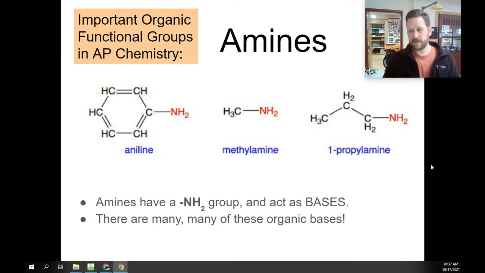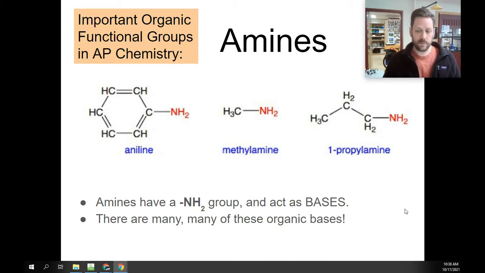And if instead of NH3, one of those hydrogens is replaced by a carbon or another R group, so to speak, then you have this NH2 group on the end. The lone pair on that nitrogen atom is going to attract protons, and that's why amines, anything that has an NH2 group, can act like a base.